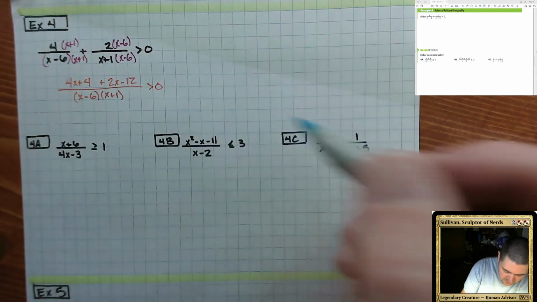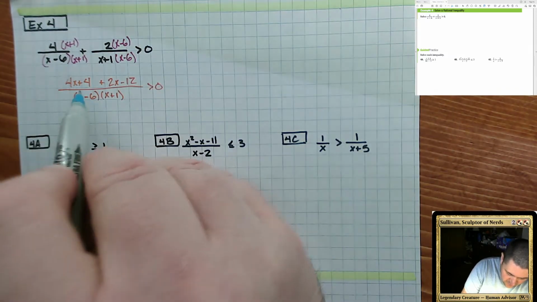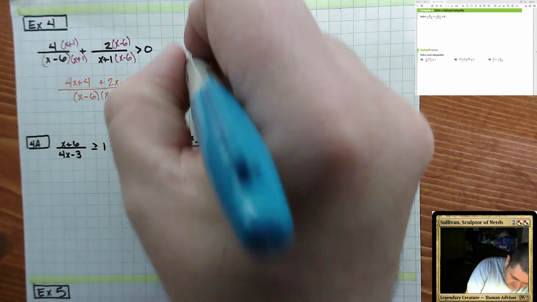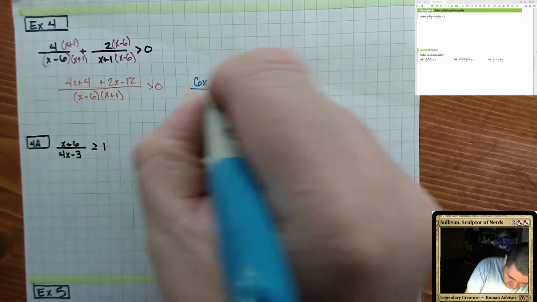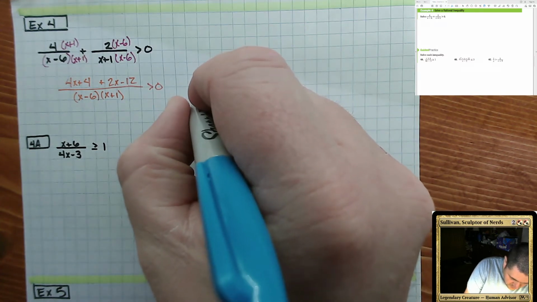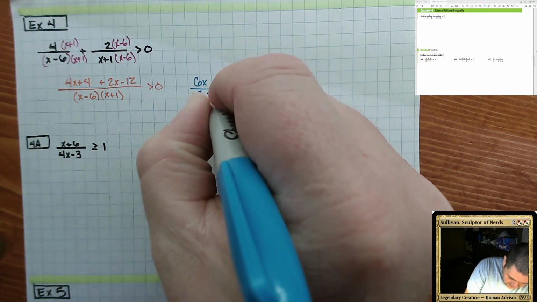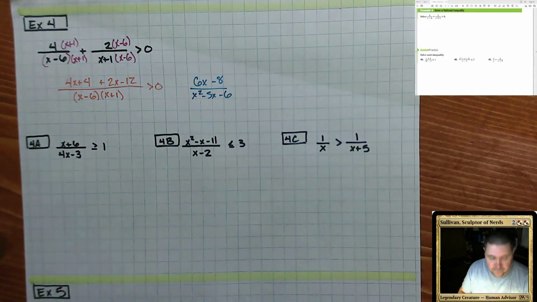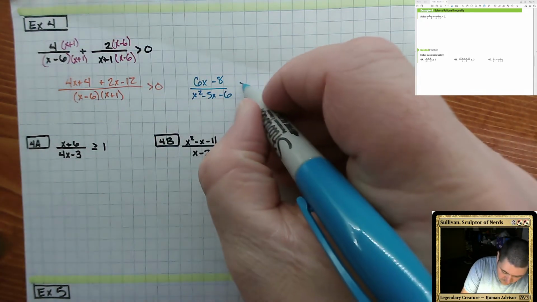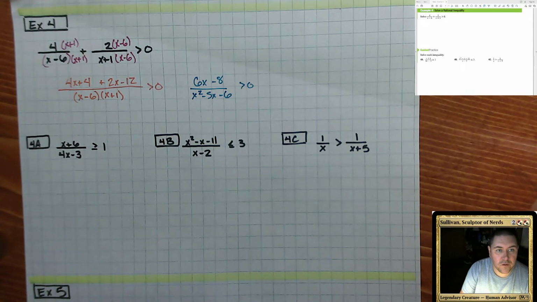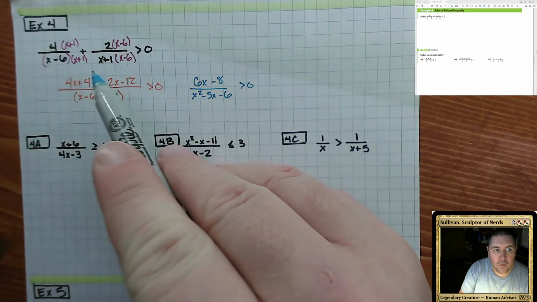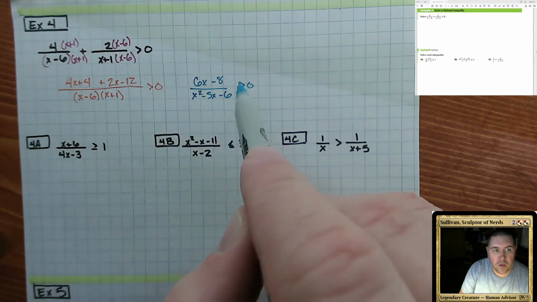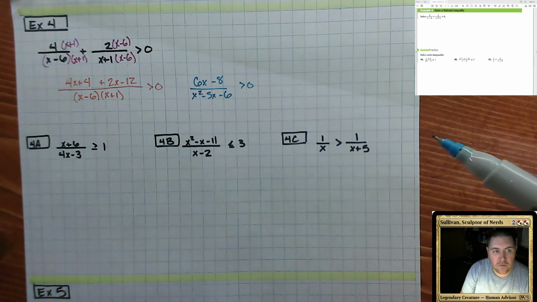So I'll combine all my like terms and get 6x minus 8 all over x squared minus 5x minus 6, greater than 0.